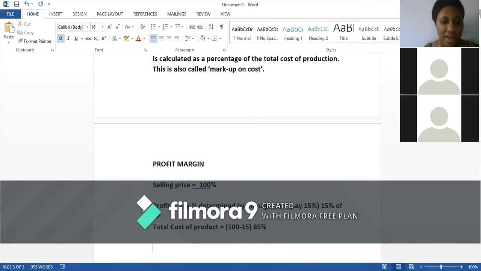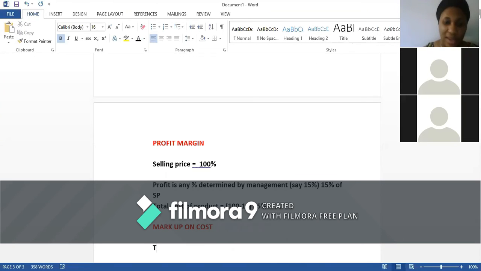But when we are looking at markup on cost, we are saying that the total cost of the product equals 100%. Profit is whatever management decides.